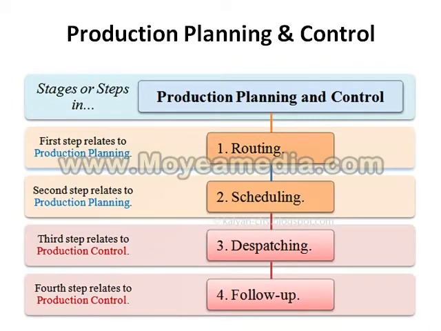So generally you have to keep at least these four things in mind. We will discuss production planning or the planning types in detail in the next slide. So please keep that sequence. The first relates to planning and the last two relate to control. So routing, scheduling, dispatching and follow-up.